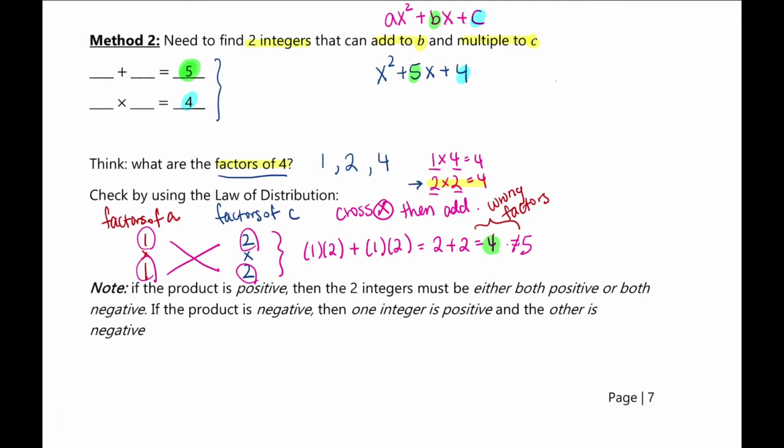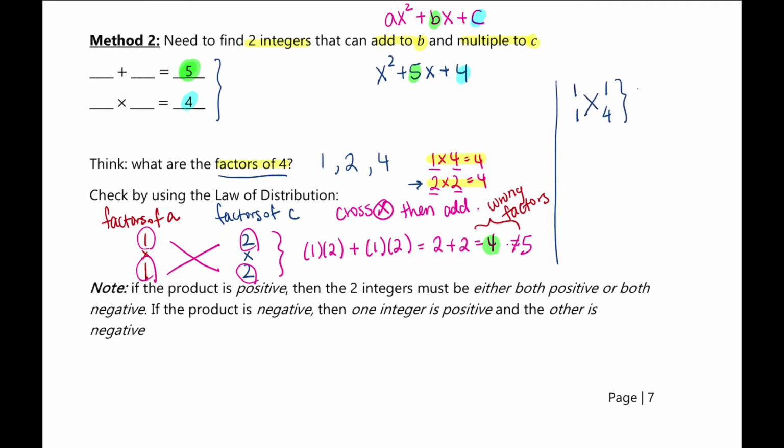Let's try once more. We only have the second pair available here, so we'll use this one now. We have 1 and 1 for the factors of a, and then we have 1 and 4. We're going to cross multiply and add.